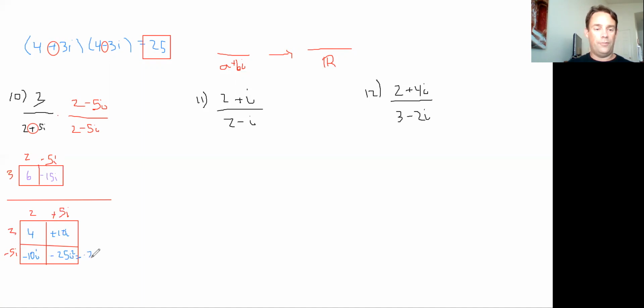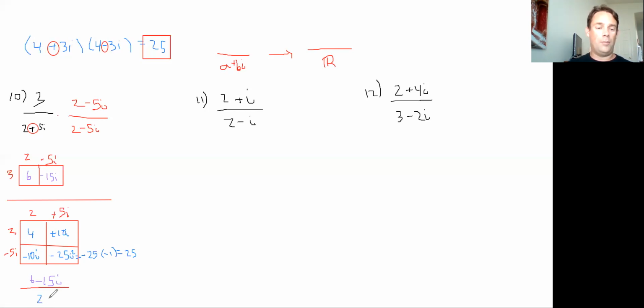So negative 25 times a negative 1, which would be a positive 25. So when I combine all our like terms, I end up with on top 6 minus 15i, and on the bottom, I'm going to end up with 29.